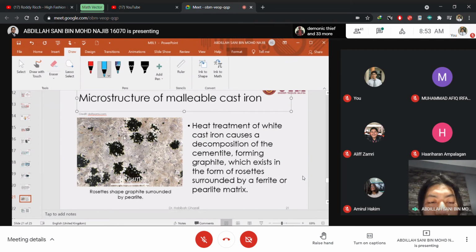The surrounding will be lacking carbon, because the carbon has already gotten together. So if the heat treatment is sufficient, the surrounding will be only ferrite. But in moderation, if there are leftover carbon traces, it will form pearlite in the surrounding.